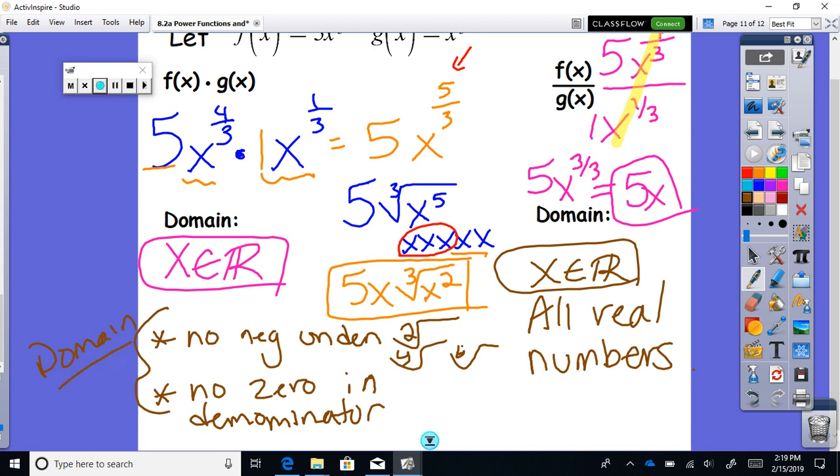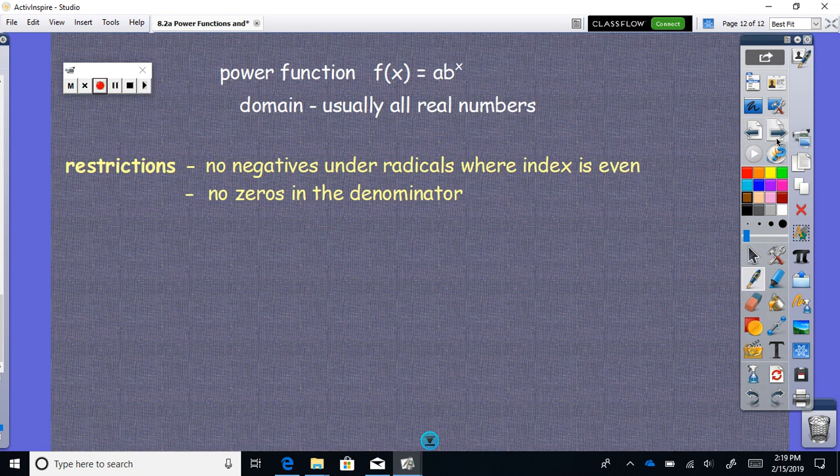If neither one of those restrictions is in your problem, then it's all real numbers. If you have one of those, you have to think about it a little bit. Otherwise, it's all real numbers, or x is an element of the real numbers. Restrictions are important to remember. It's usually all real numbers except when you have these restrictions.